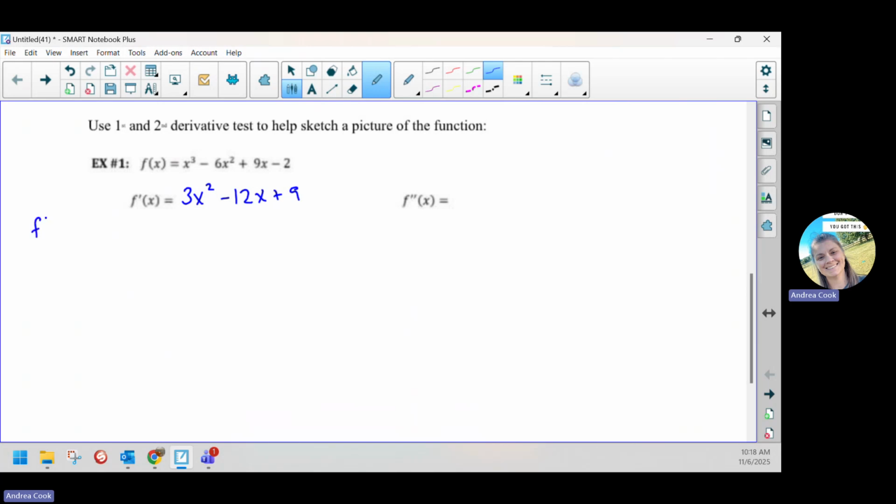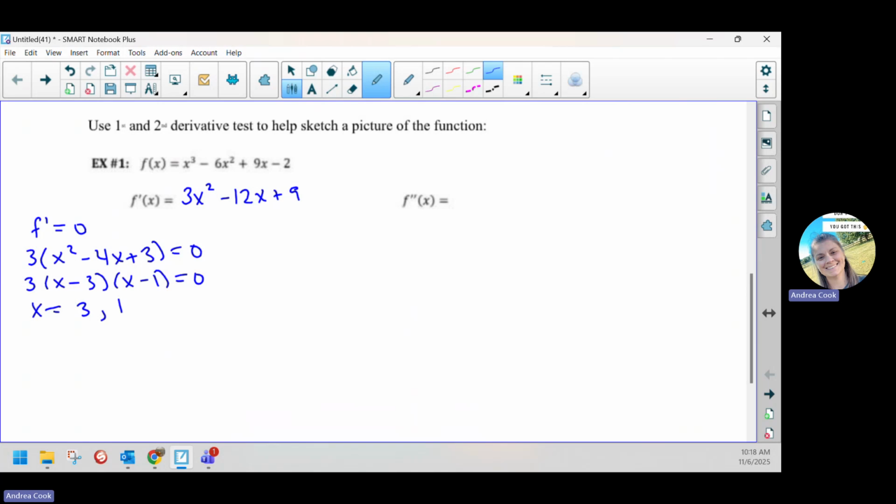And we're going to do the first derivative test. So we're going to find where the first derivative equals 0. So I'm going to factor out a 3. So we have 3 and 1.